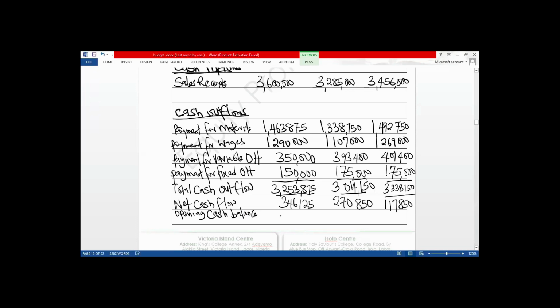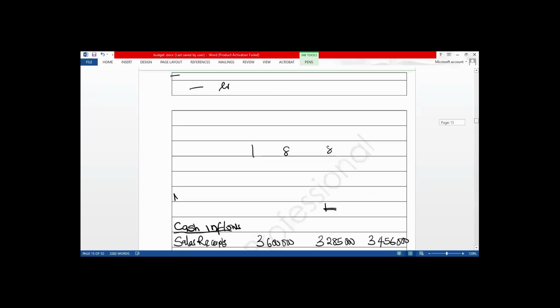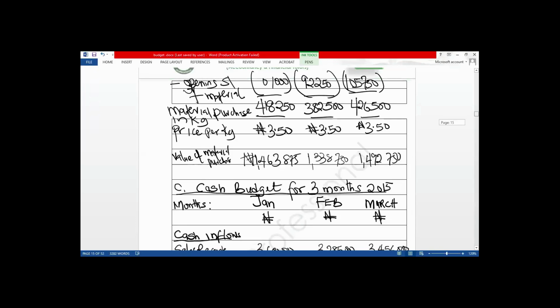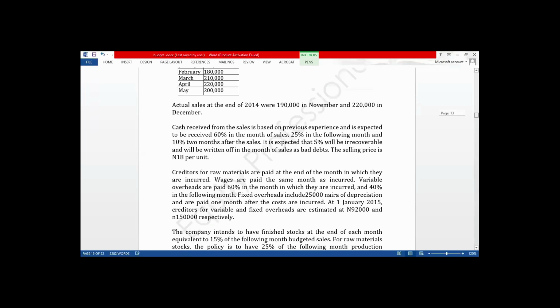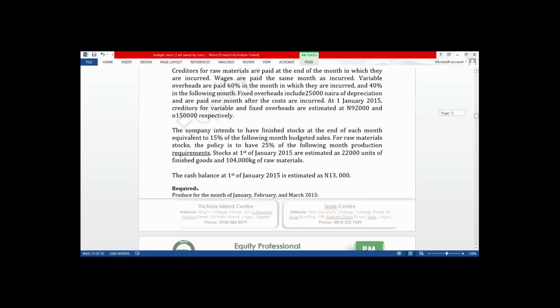If you look at the question, the examiner says as at 1st of January 2015, the opening cash balance is 13,000 naira. Look at it, the cash balance as at 1st January is 13,000. So this is the brought forward surplus.